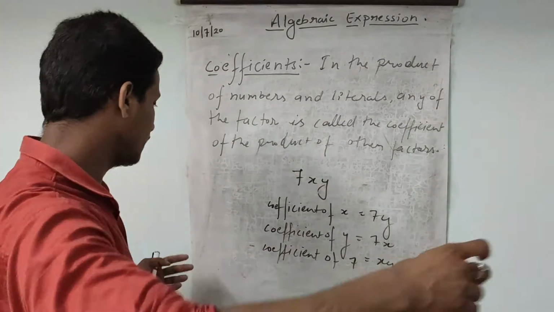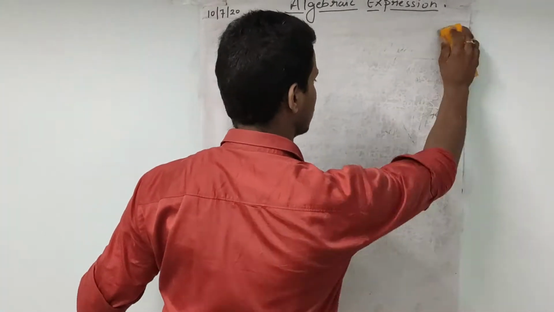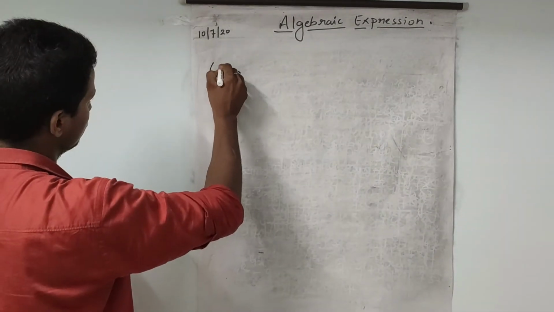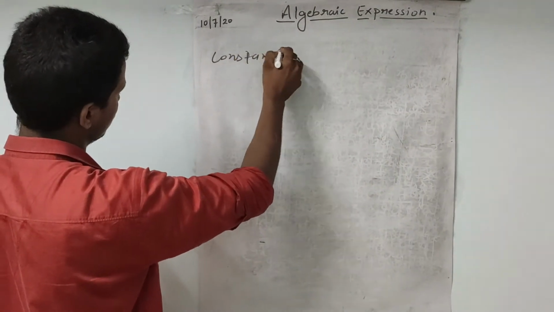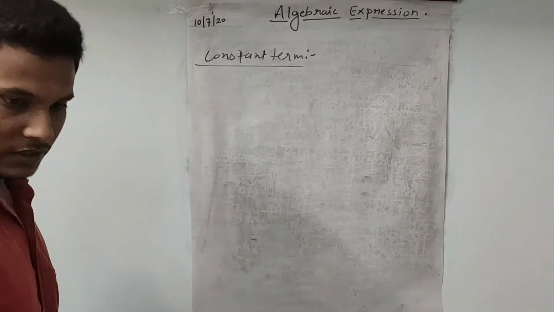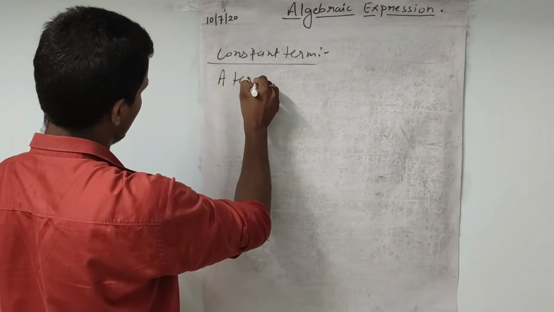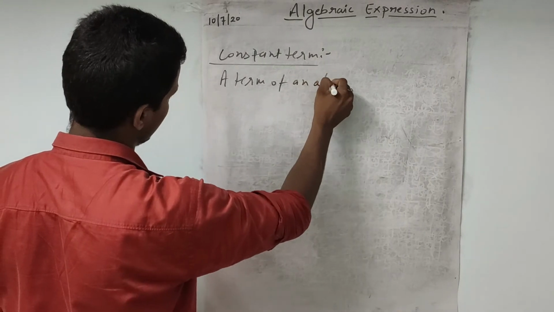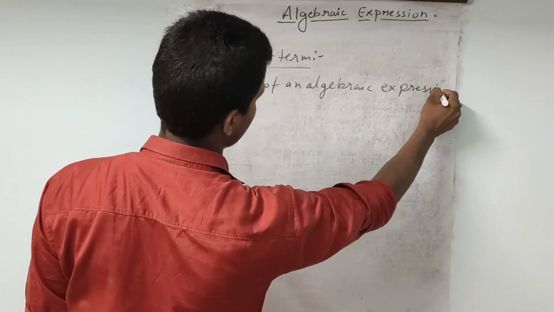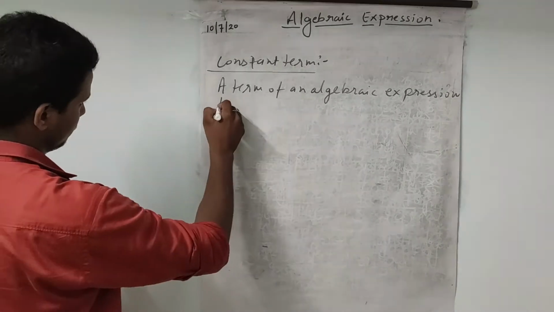Okay, now the next thing we have is constant term. A constant term basically means a term of an algebraic expression having no literal factor.